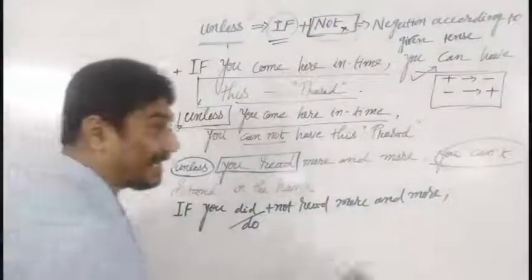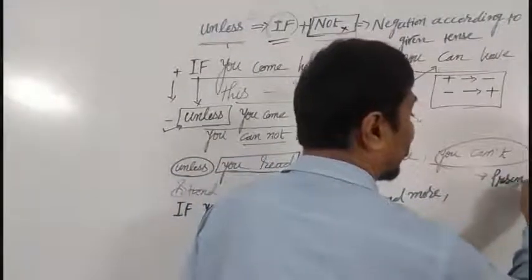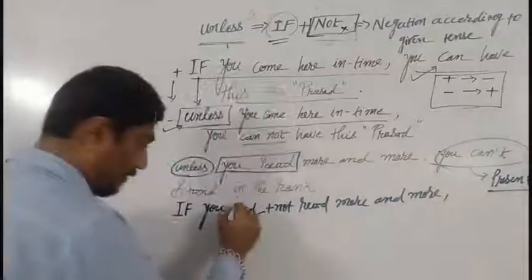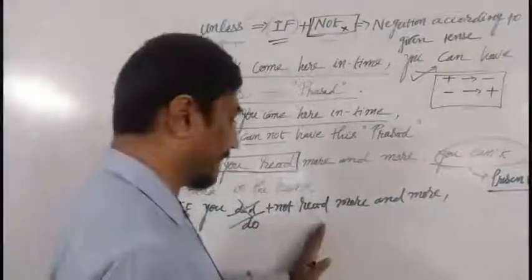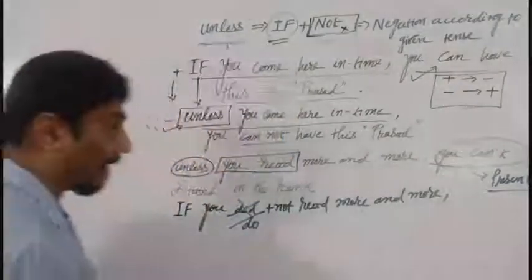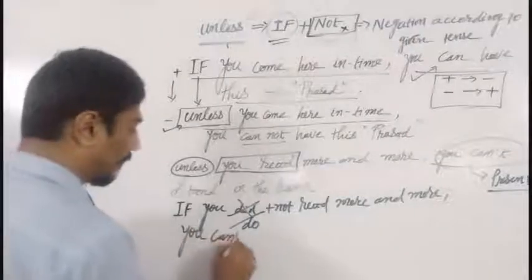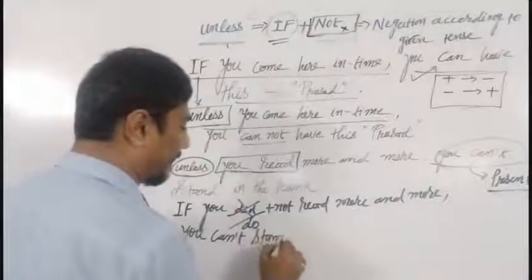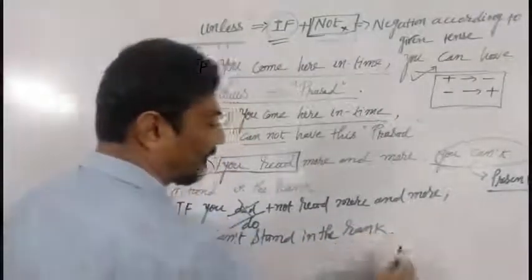That indicates that this scenario indicates the present condition. So here you will not think of did. If you don't read or do not read more and more, comma, you can't stand in the rank.